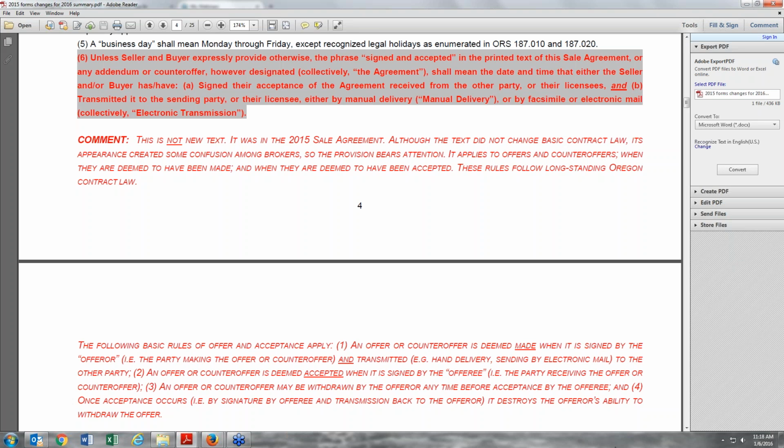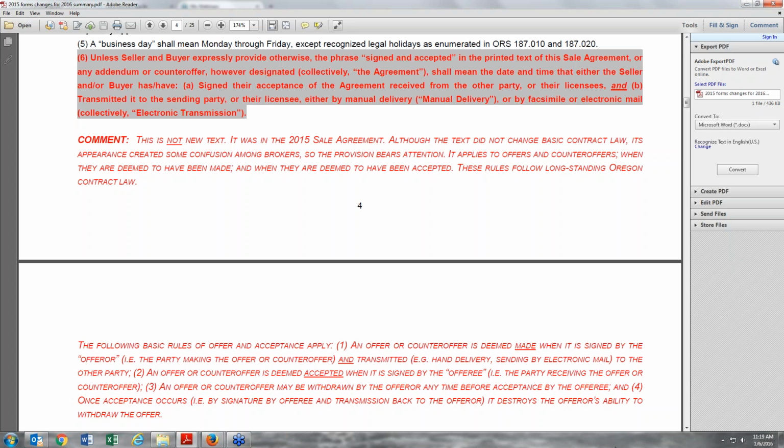That's effective. Or to put it another way, in order for this to be binding, the seller must have signed it and transmitted it. And once it's transmitted, I didn't say received, I said transmitted, then the transaction has now become binding. So if the seller in the morning decides, yes, I do want to do this, and they sign it, and they transmit it back to the buyer or the buyer's agent, all of a sudden, bang, it's become binding.